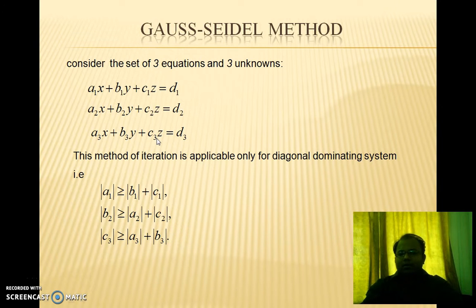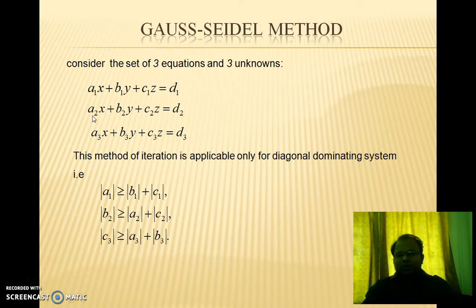A diagonal dominating system means that if a1 is a diagonal element, then it is greater than or equal to the sum of the remaining two coefficients of variables in that equation. See here, mod a1 is greater than or equal to mod b1 plus mod c1.